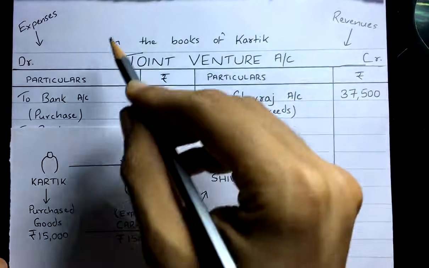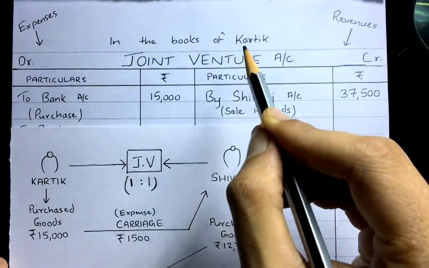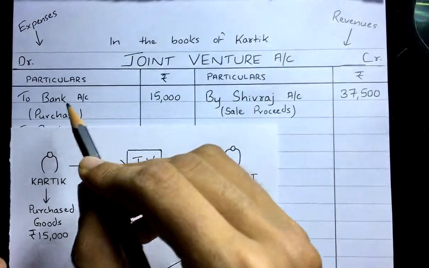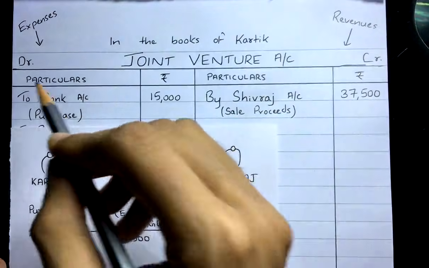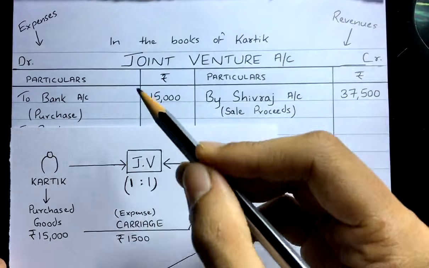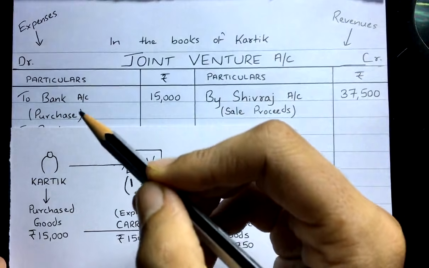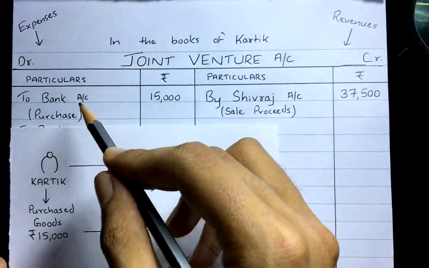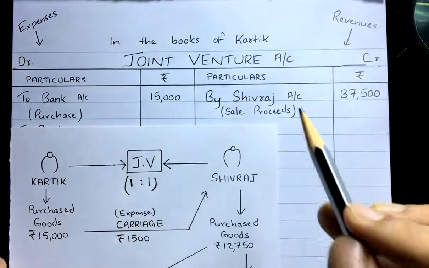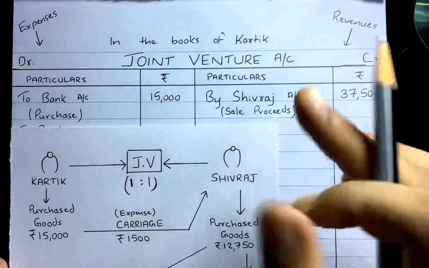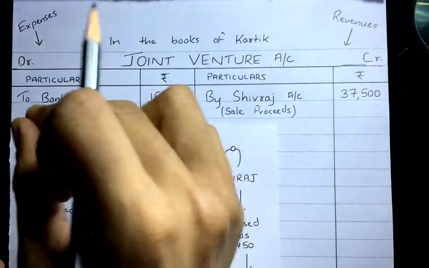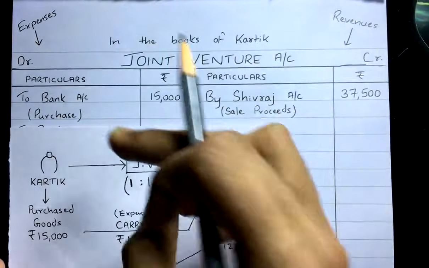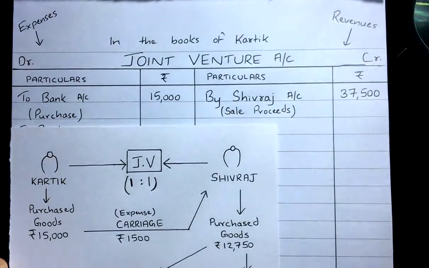Because we are preparing the ledger account in the books of Karthik. So you cannot take Karthik account in the books of Karthik. So you have to take his bank account, to bank account, because to purchase those goods, he used his bank account. All right, he made payment through his bank account. So to bank account 15,000. Simple, right? You understood? Expense is increasing, joint venture account debit because of the purchase, so to bank account, and in bracket you can write purchase. It's better to write, okay, examiner can understand.